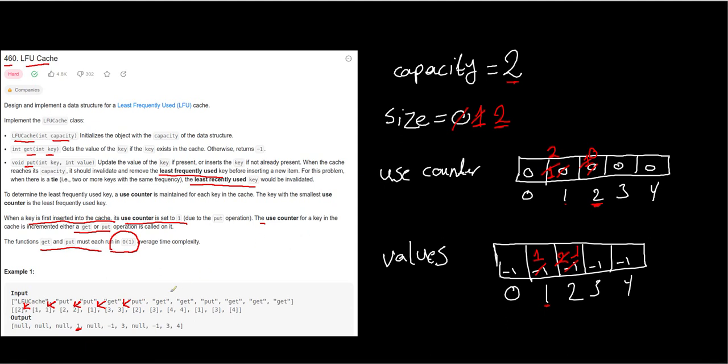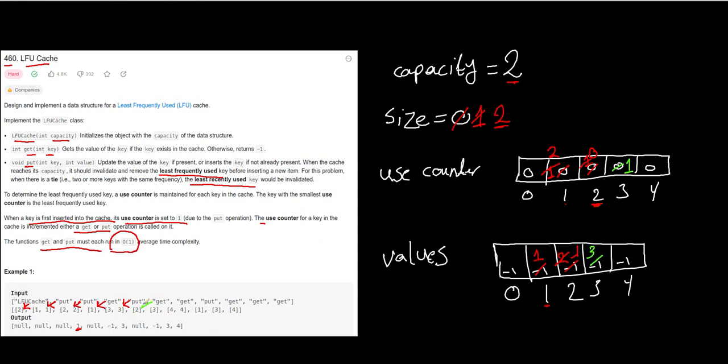Then we insert 3, so key 3 takes the value 3 and we increase the counter for 3 to 1.